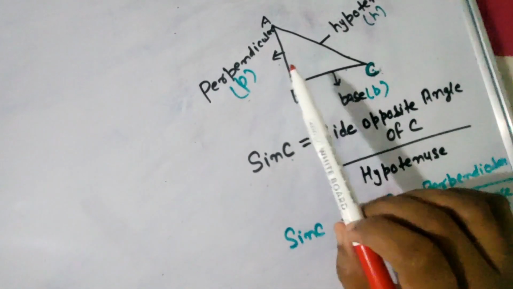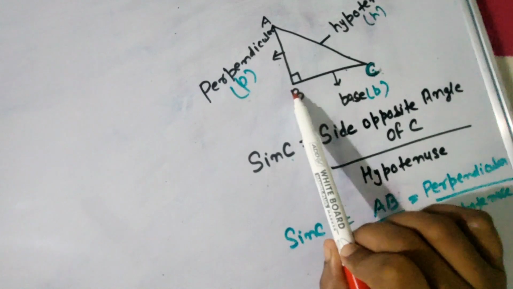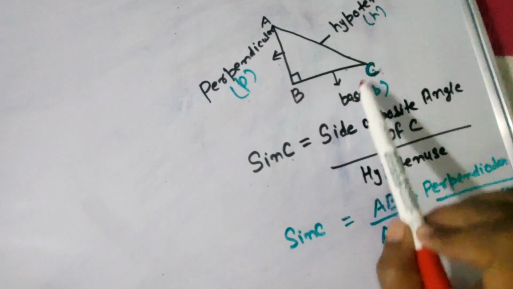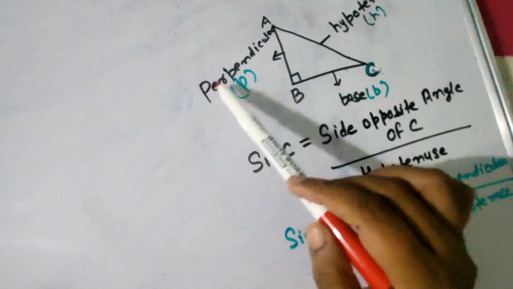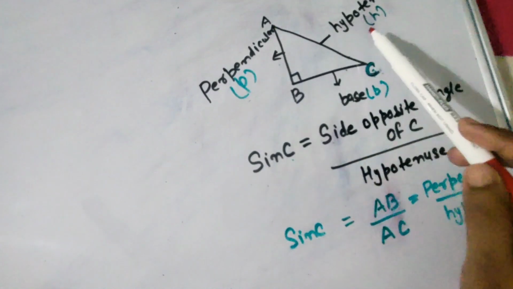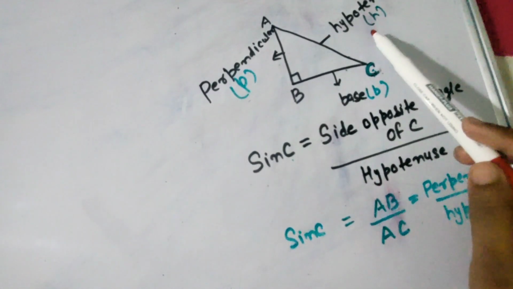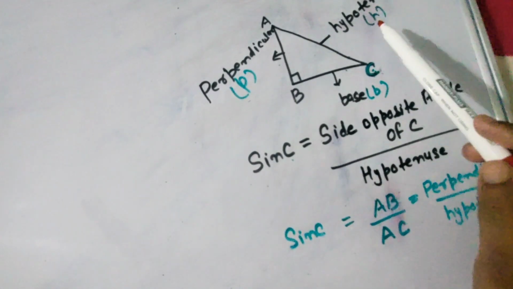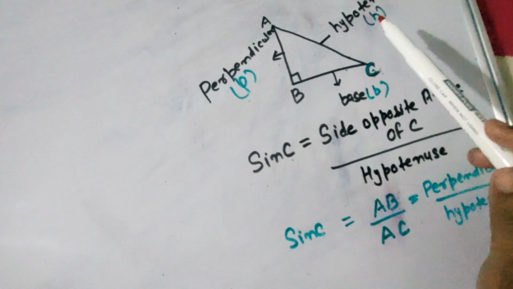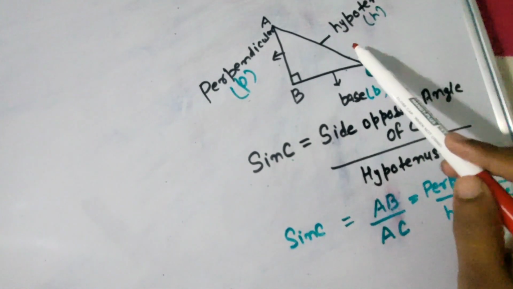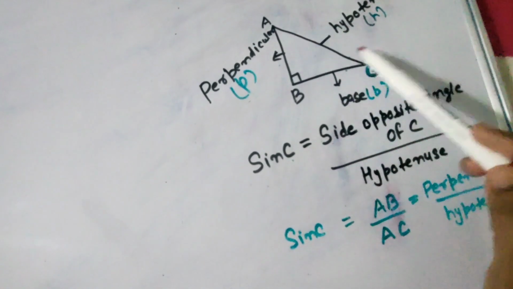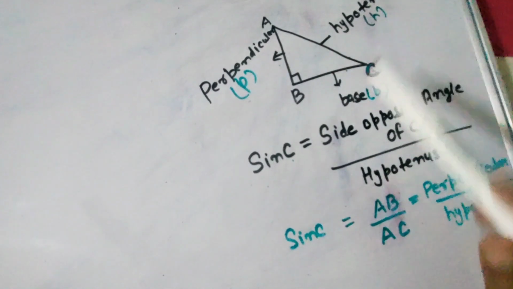Here triangle ABC is given. B is a right angle, BC is the base, AB is the perpendicular, and AC is the hypotenuse. The hypotenuse is the biggest side, longer than the other two sides.